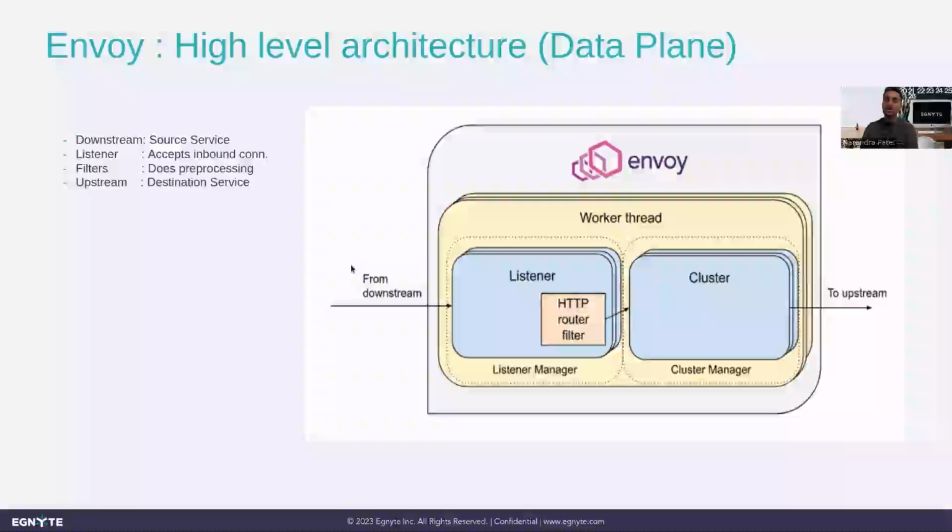So once the downstream or the web traffic comes to Envoy, the listener will accept the traffic, apply a set of filters, and then pass it on to the API cluster. From the API cluster, one instance or endpoint would be selected by the chosen load balancing strategy, and then the traffic would be passed to that API service instance upstream. So this is the high level overview of how Envoy works.